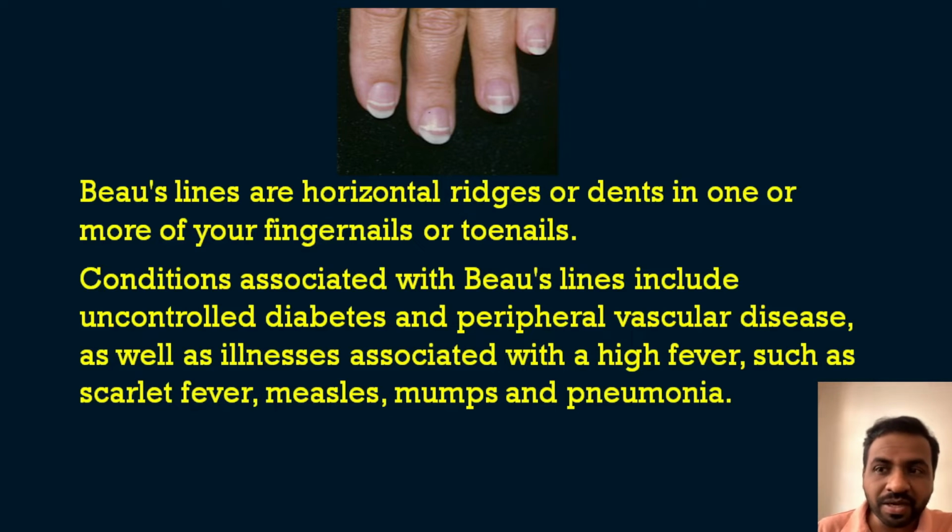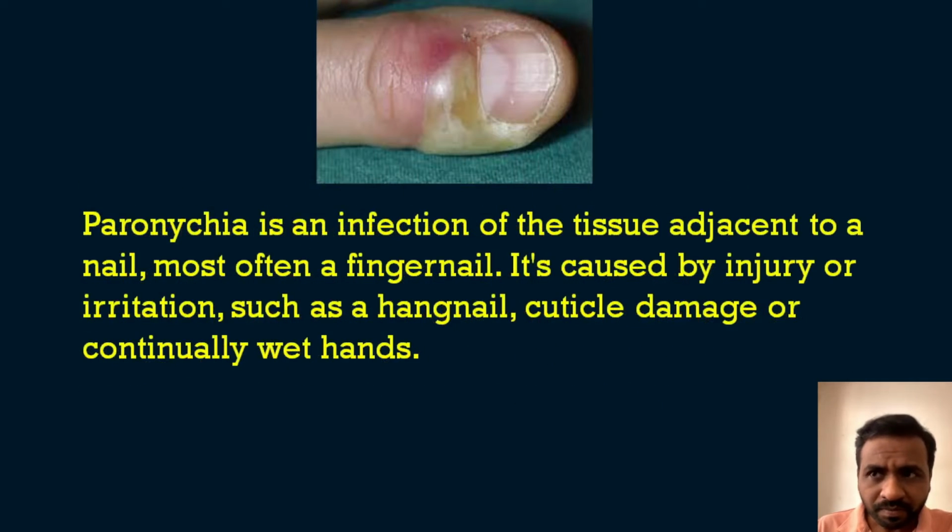The conditions associated with Beau's lines include uncontrolled diabetes and peripheral vascular diseases, as well as illnesses associated with a high fever such as scarlet fever, measles, mumps, pneumonia, etc. So Beau's lines are horizontal ridges or dents associated with diabetes, peripheral vascular diseases, and diseases with high fever. I think Beau's line is also clear for you. Another option was paronychia. Paronychia, you can see in the picture, is an infection.